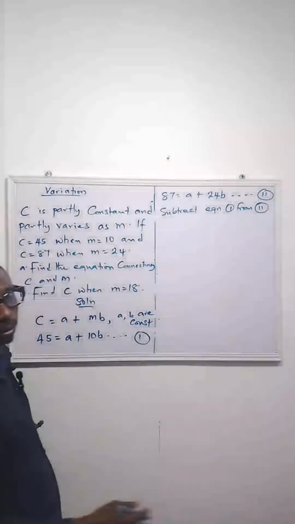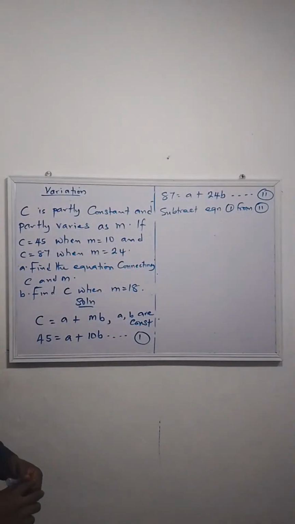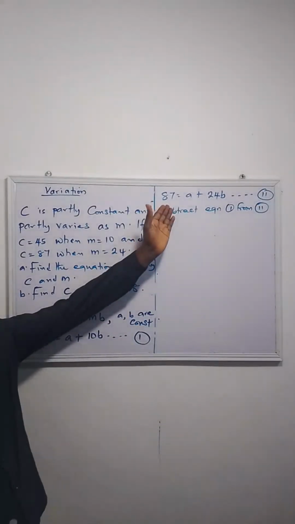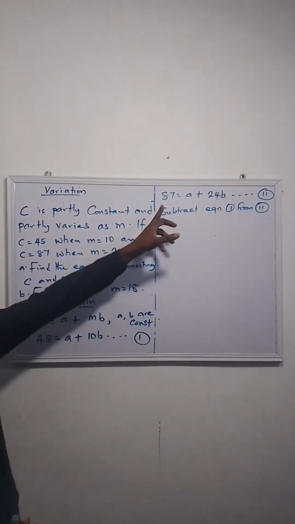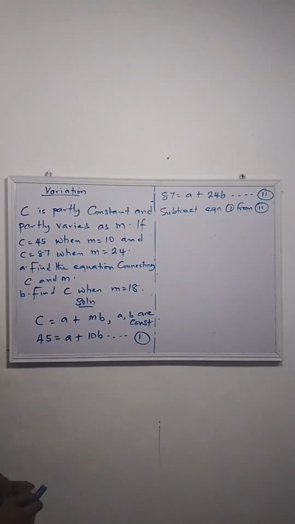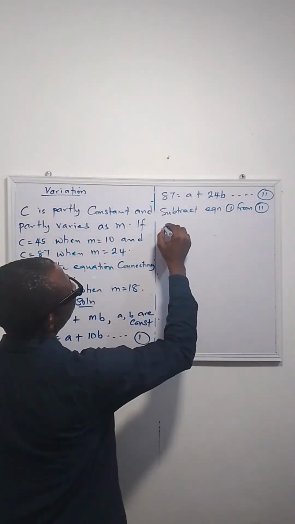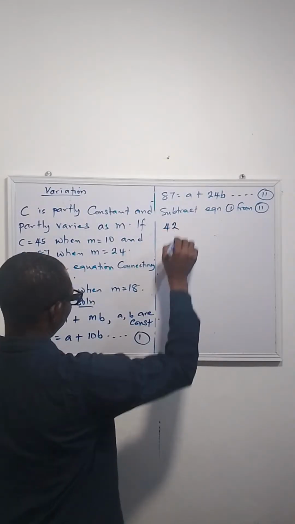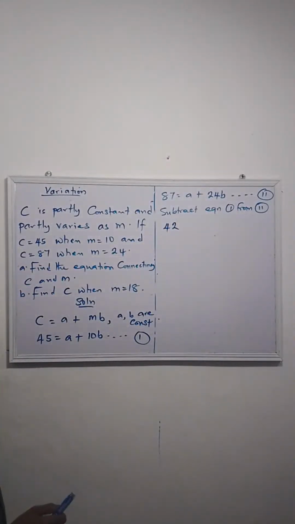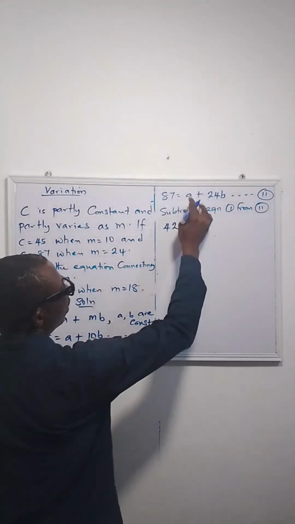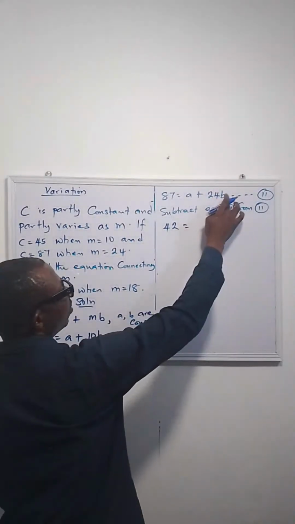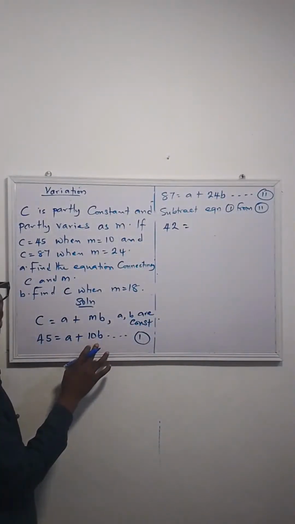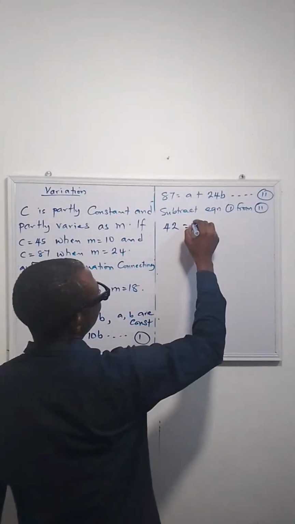You can also do it the other way around, just pick any one. So we take 45 away from 87, and that is 42. That will be 42 equals, now A minus A is 0, so 24B minus 10B is 14B.